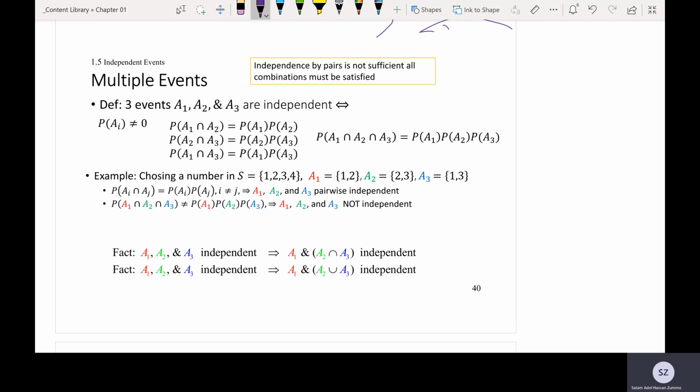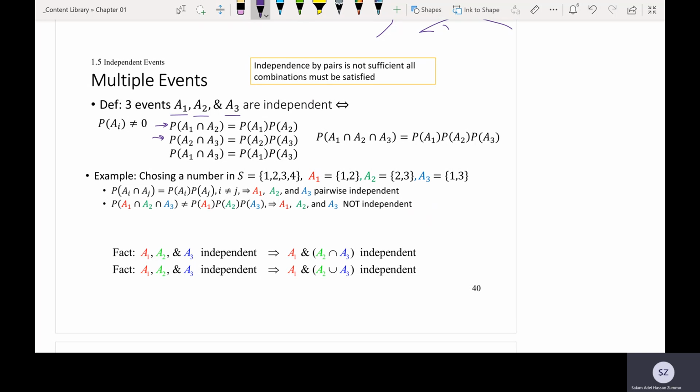What about multiple events? Three events, for example: A1, A2, and A3. If we need to say that they are independent, then the probability of the intersection of A1 and A2 should be equal to the product of the individual probabilities of A1 and A2.